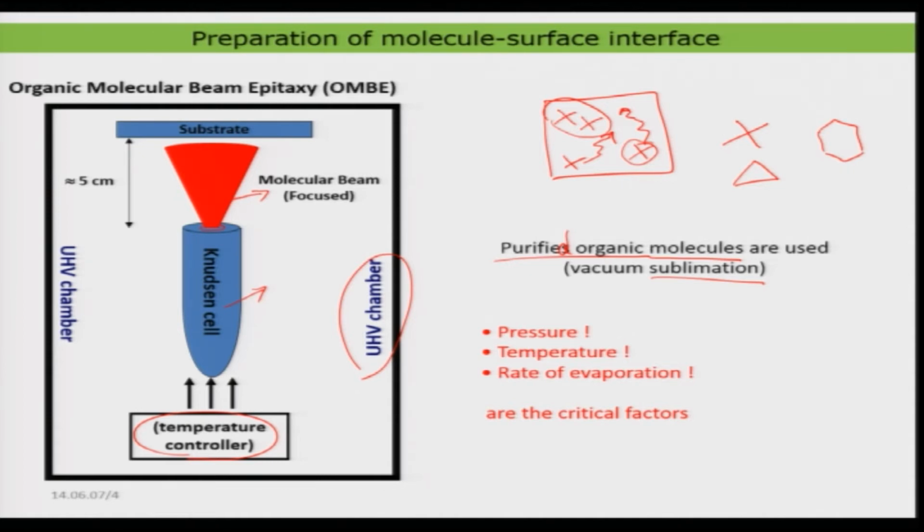So, these are two important conditions to be satisfied. And then the pressure in the chamber, the temperature at which you evaporate, and also the rate of evaporation are very important. You can control all these parameters very precisely nowadays, and if you precisely control these parameters, you can form a beautiful hard layer of molecules.